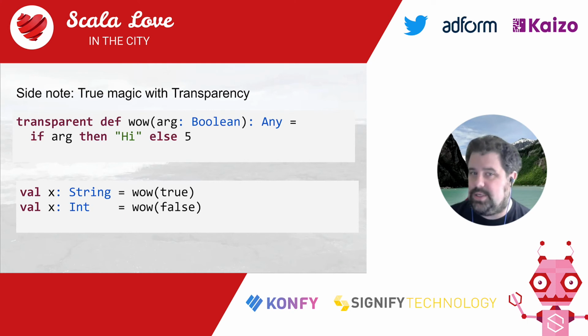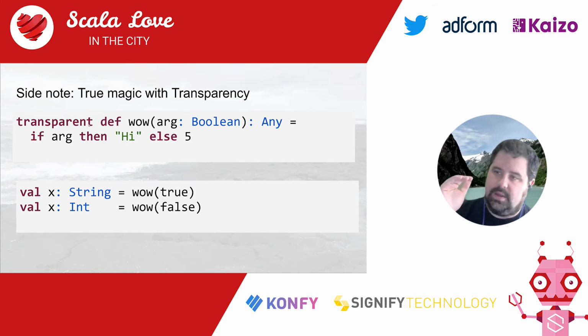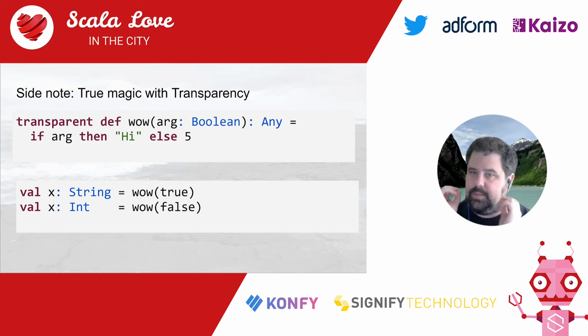Now, I mentioned that there's this thing called transparent. We're going to just talk about it for a brief second, which is, in addition to inline, there's a crazier method called transparent that I can use to completely derive my runtime type at compile time. So in this case, while I said this is transparent def wow that returns any, this method can only return the string high or the number 5.